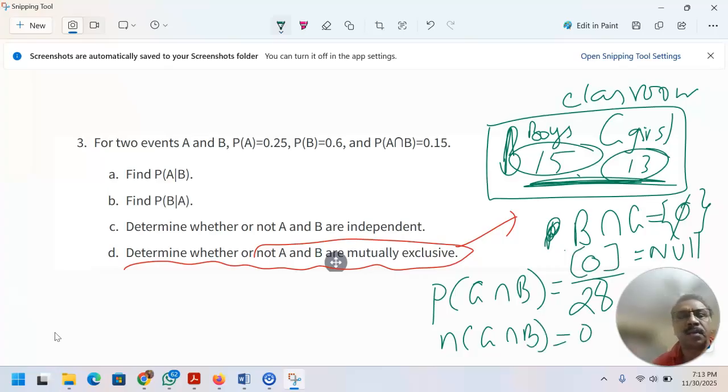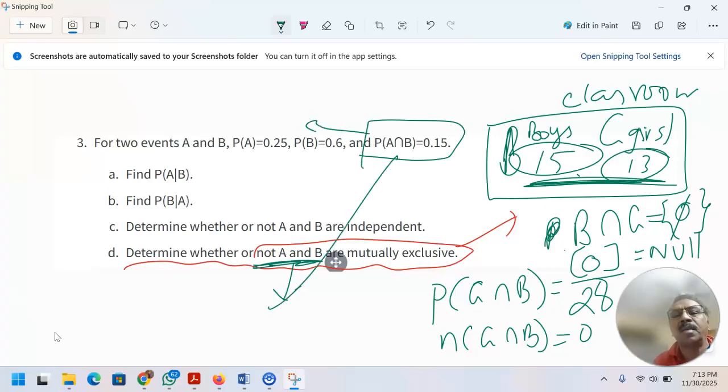That's why this answer is zero. So in this example, we want to know whether A and B are mutually exclusive. All you look for is this probability. When you look at this probability, what does it mean? It is the number of outcomes for A and B divided by the total sample space.